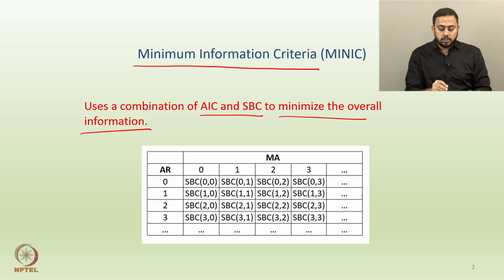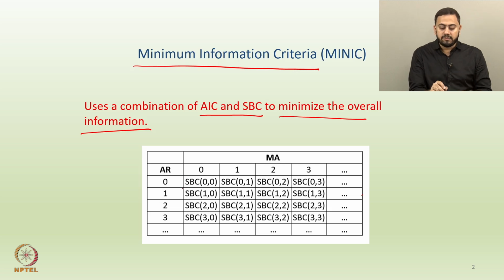Now, what is the idea about this table here? For each pair of orders, so let us say AR0 MA0 or AR1 MA1, AR2 MA2 and so on, I am finding the SBC value for that pair. SBC is the Schwarz-Bayesian criteria, so I am finding an information criteria, alright.